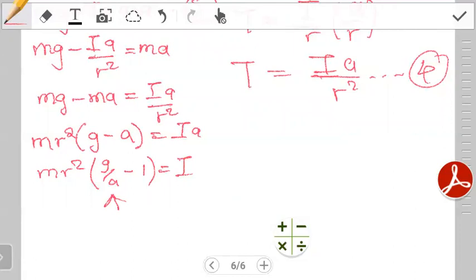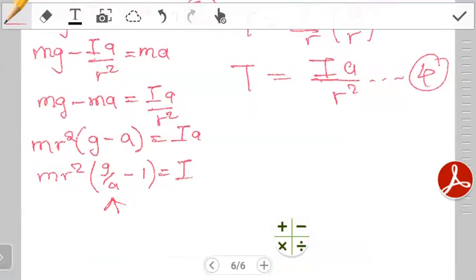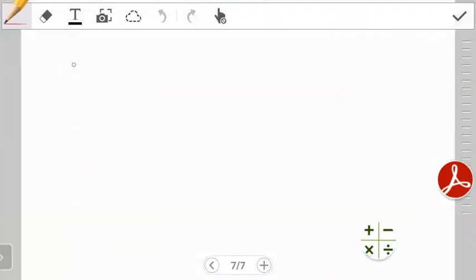To find this acceleration, we have to use the second bit of the question. The question tells us that this object falls through some height, let's say h, which is equal to 1.8 meters. It does this in a time of 1.5 seconds.